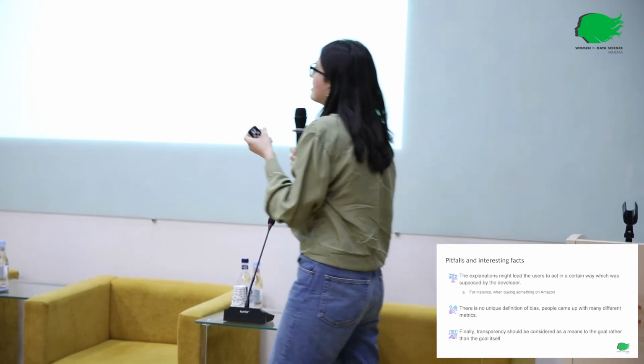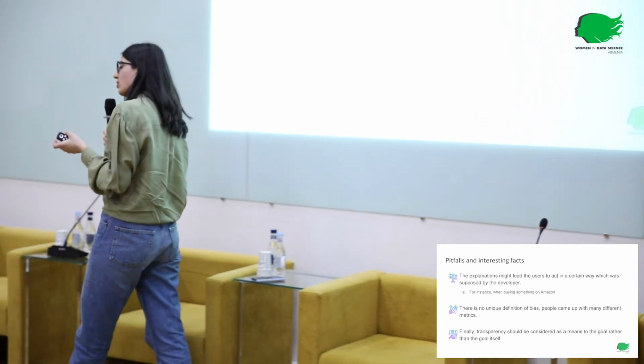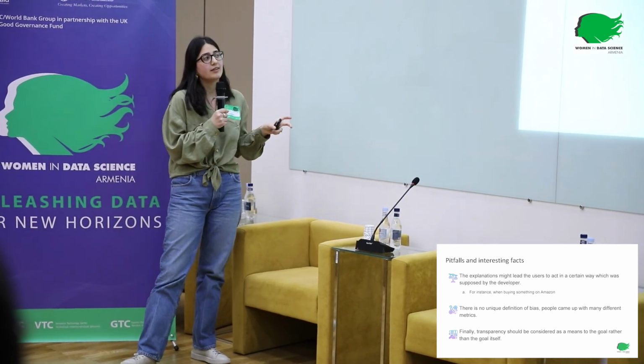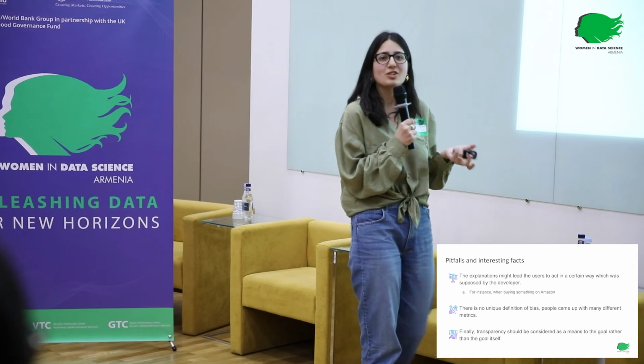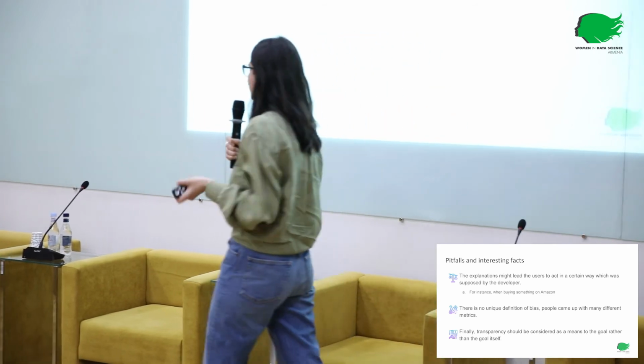One example is that, for instance, when I buy something on Amazon, there is this message: you may be interested in some other products because some other people similar to you bought it. So they provide an explanation, but I don't know how much I can trust that, because in the end, what Amazon wants is me purchasing the product. So be mindful of that as well.